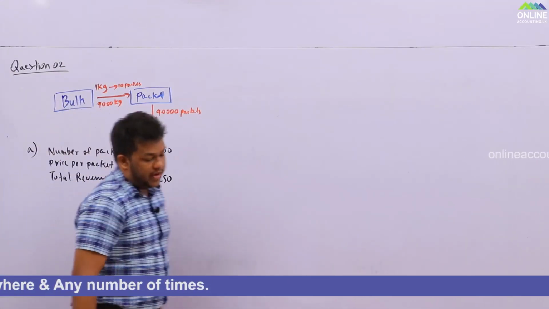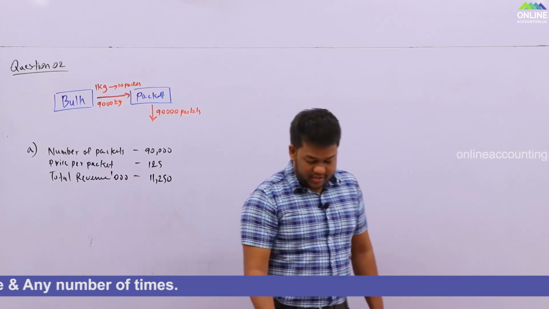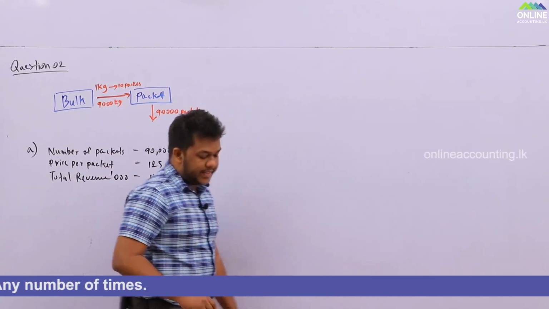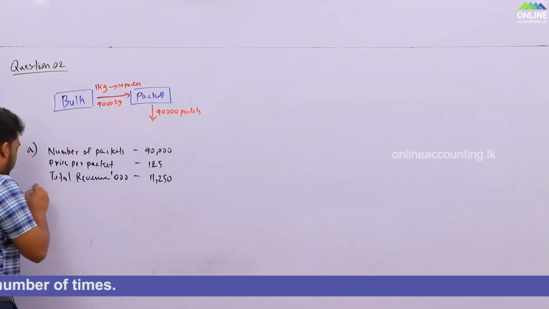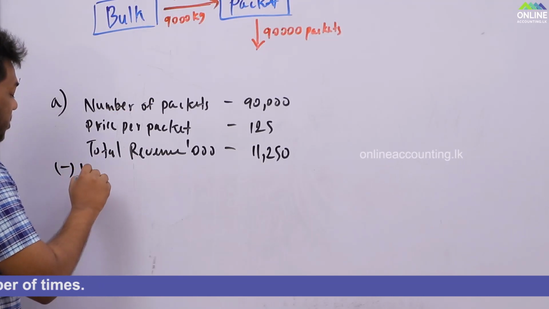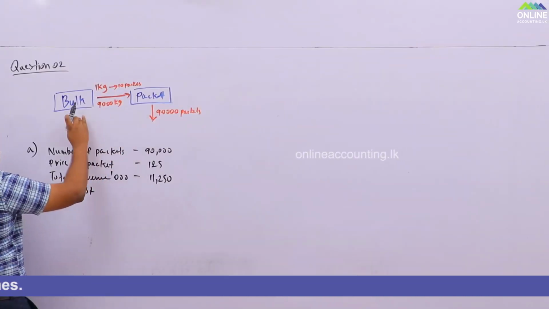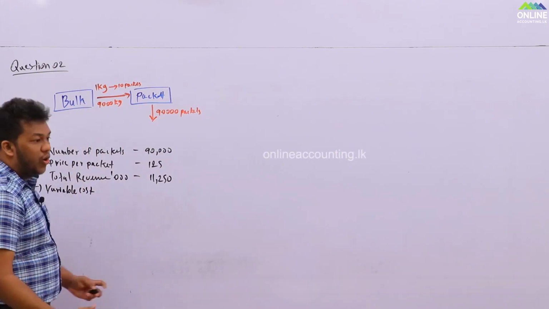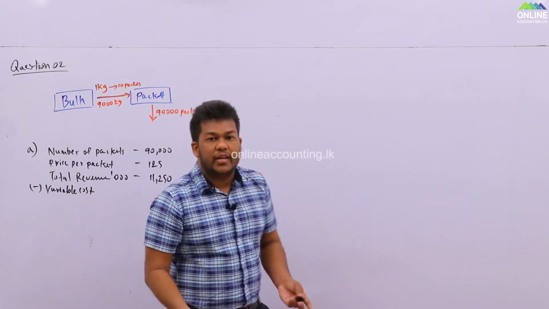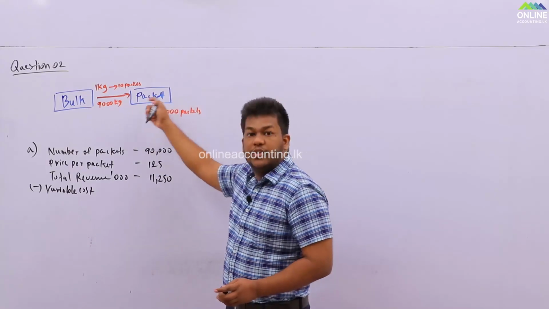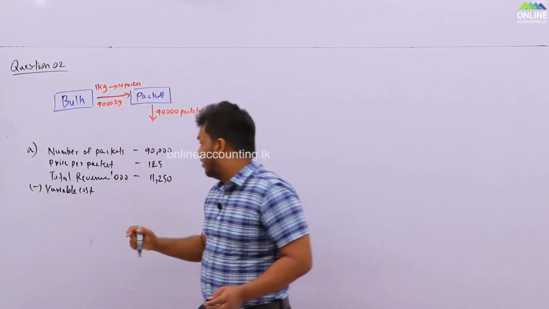That is the total revenue. Then what is the cost? Minus variable cost. So variable cost means the cost for this and this, but only from the company's point of view, right? Company point of view, not from this division, but as a whole.